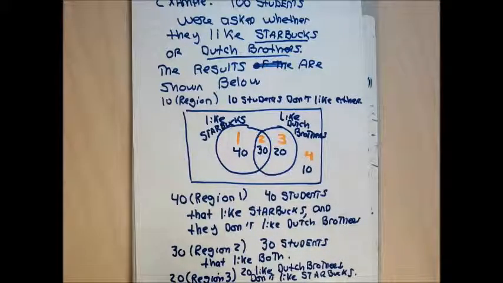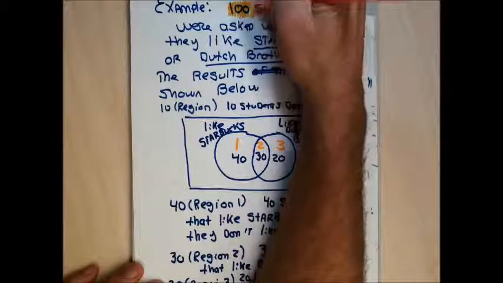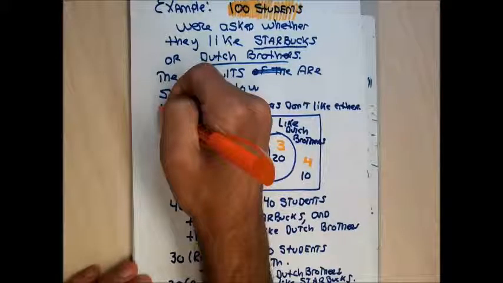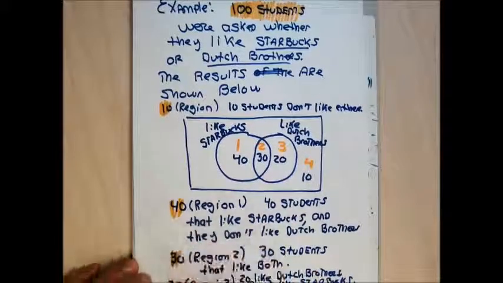It's going to be important at some point when we're actually creating Venn diagrams that my Venn diagram matches the information that's given. The only information that I really gave in this problem, because I made up all the numbers, is that 100 students were asked. That means if I add up the number of students that I classify, those numbers have to add up to 100.